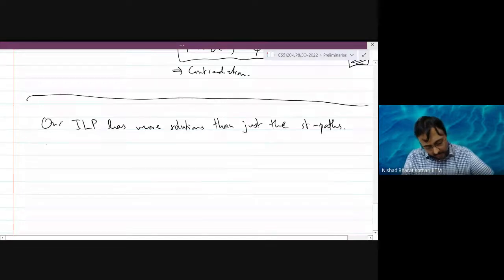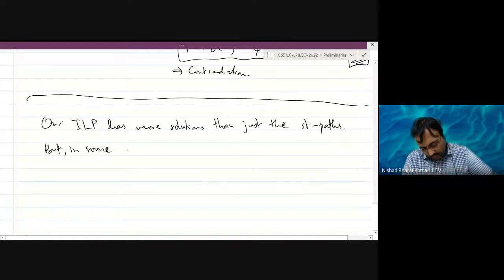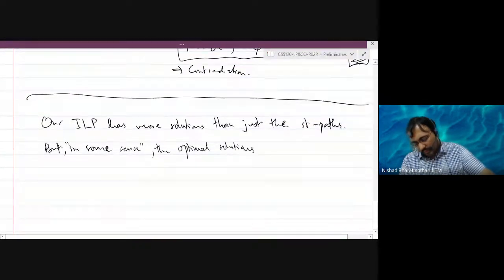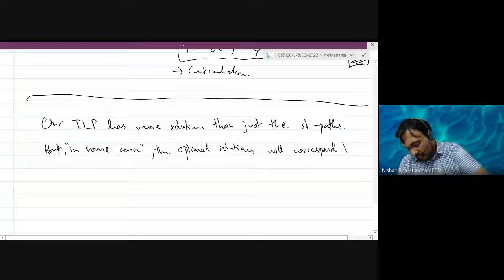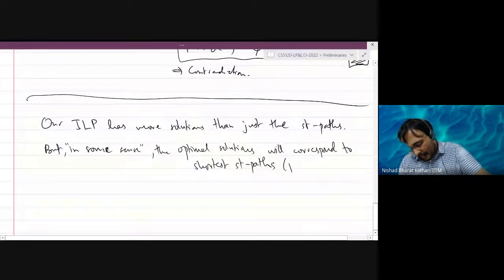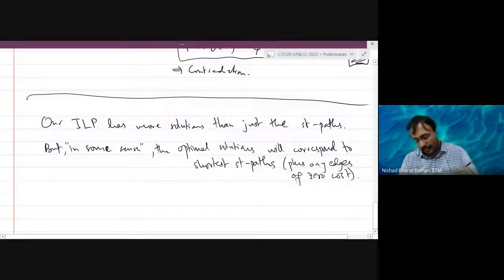But in some sense, and we'll make this more precise, the optimal solutions will correspond to shortest ST paths plus any edges of 0 cost. Let me just say that. But 0 cost edges are harmless, so let's not worry too much about them.